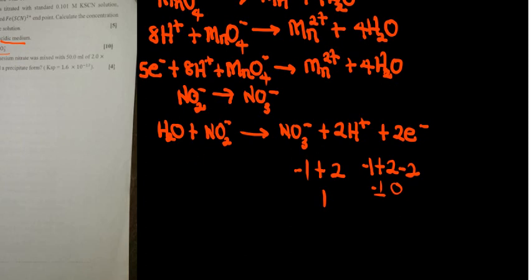So remember the main thing, we're balancing up the number of what? The number of electrons. So after balancing up the two half reactions, we've balanced up the number of electrons and we've balanced up the number of atoms. The second thing we're supposed to do here is put them down.